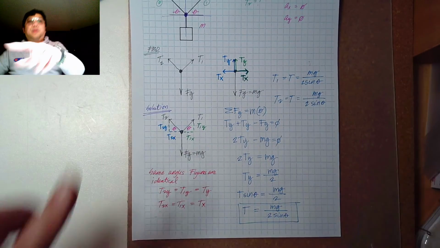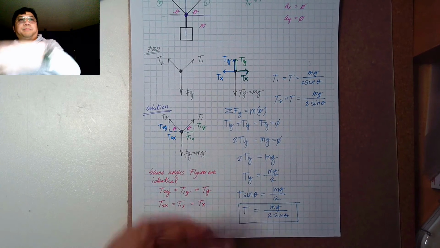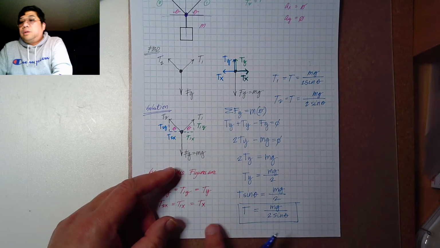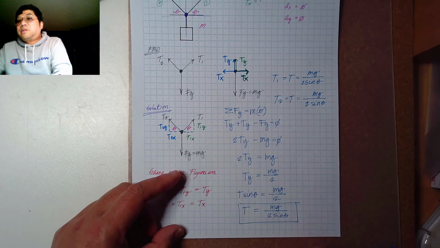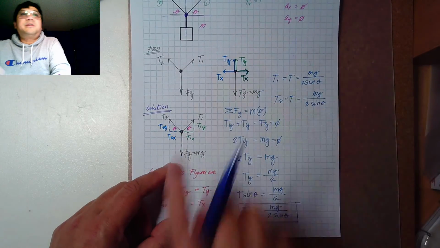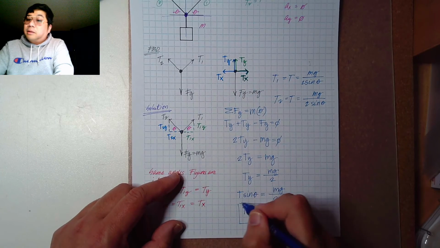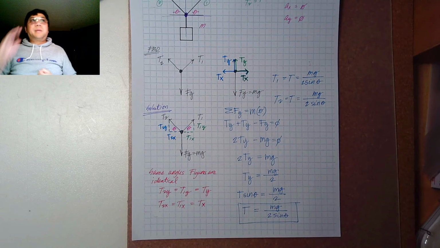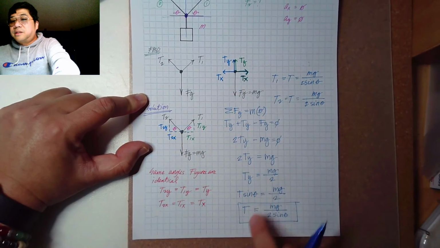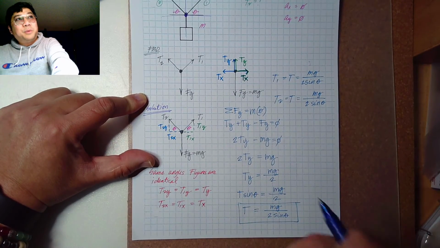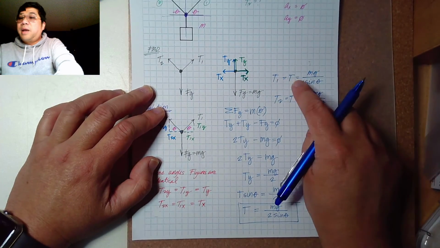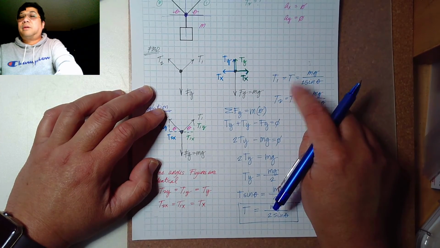Okay, so if we notice, I draw a box around this. However, this is not your final answer. Do not stop here, because the question is, what is t sub 1 and t sub 2? You were able to figure out that t sub 1 and t sub 2 are the same. To get full credit, you must explain that the tension on the right side is the same as the tension on the left side.